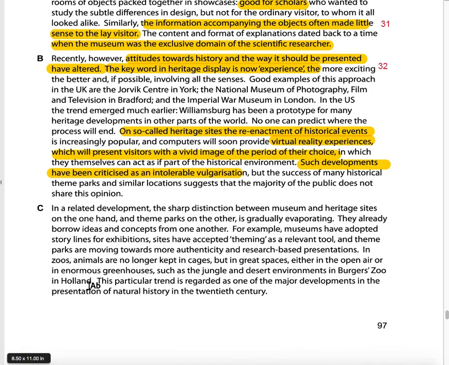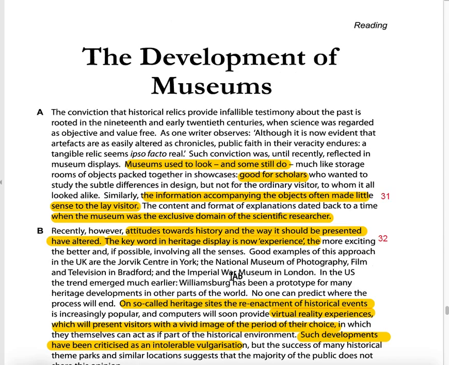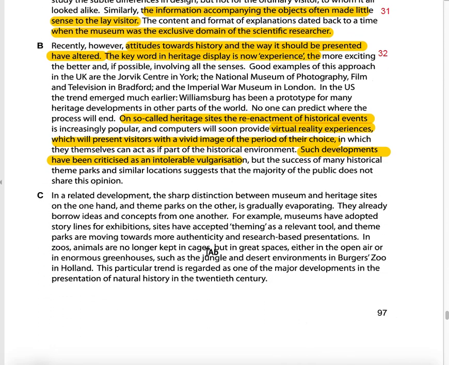Okay, let's see C here. In the related development, okay.